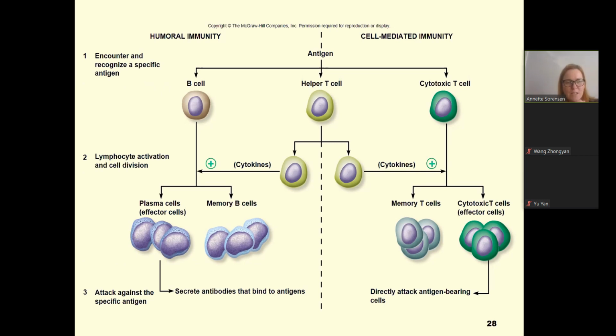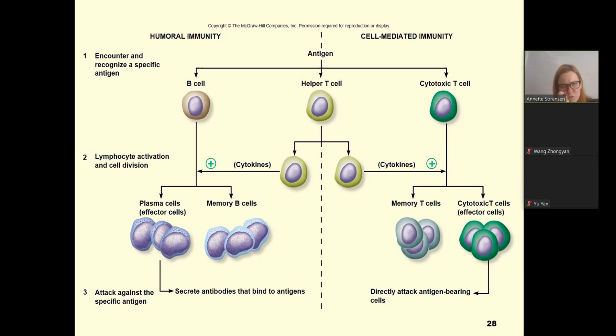Now the B cells will differentiate into plasma cells, and these plasma cells will then make antibodies, and these antibodies are made specifically against that antigen. So they can bind to that antigen. And then there are different mechanisms, which we'll talk about in a couple of minutes, as to how the pathogen is then killed.